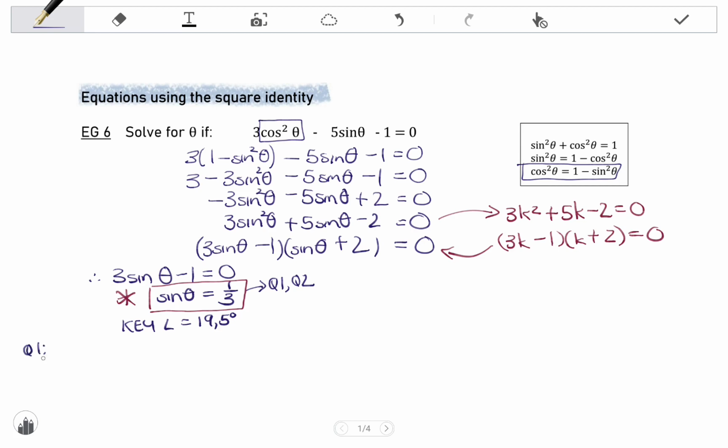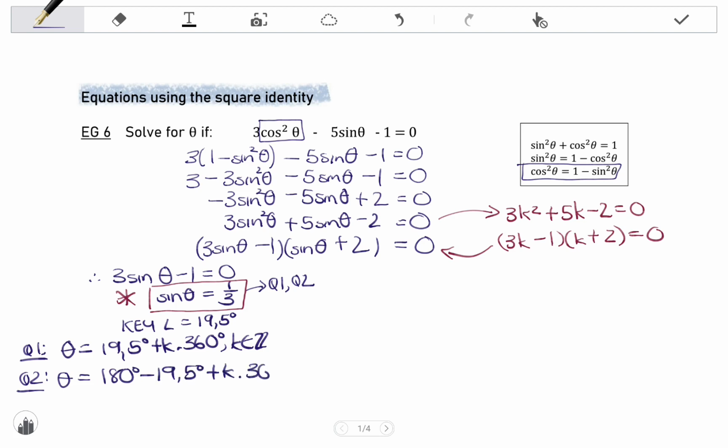So in quadrant 1, our angle theta is equal to the key angle plus multiples of the period of the sine graph. In quadrant 2, our angle theta is equal to 180 degrees minus the key angle plus multiples of the period of the graph. And that simplifies to 160,5 degrees plus k times 360.